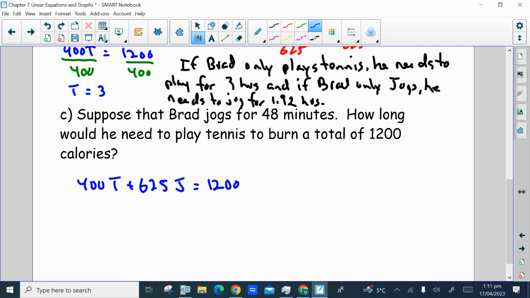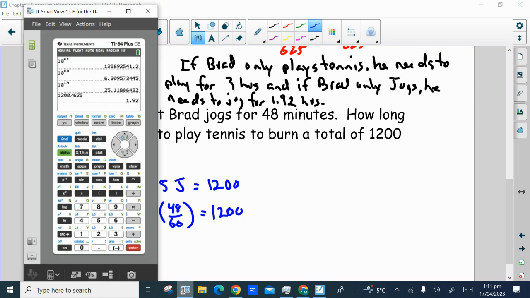But remember that j is the number of hours jogging. So we'd have to write 48 minutes in hours by dividing it by 60, because there are 60 minutes in an hour. Right? Because j is the number of hours jogging, not the number of minutes. So we have to write it as the number of hours by dividing it by 60.